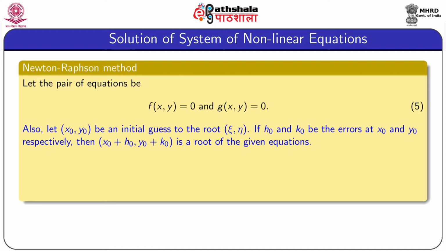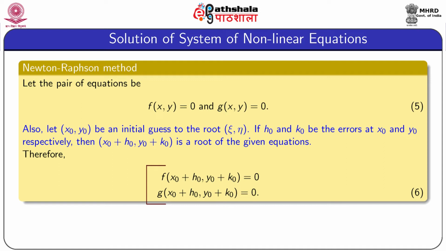But if these two values are not exact, then x0 plus h0 is an approximate value of x, and similarly the second one is the approximate value of y. Now, from equation 5, we have f(x0 plus h0, y0 plus k0) equal to 0, and g(x0 plus h0, y0 plus k0) equal to 0.